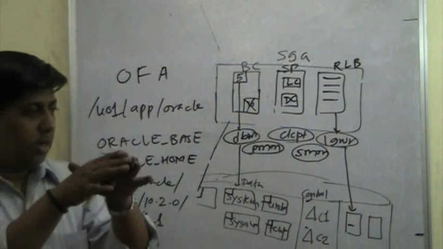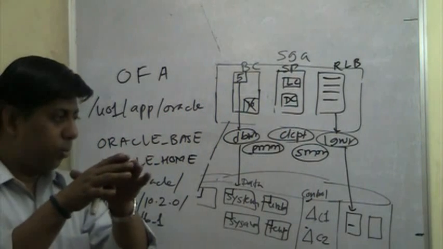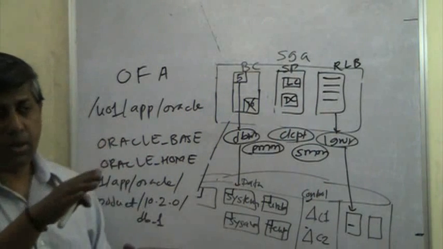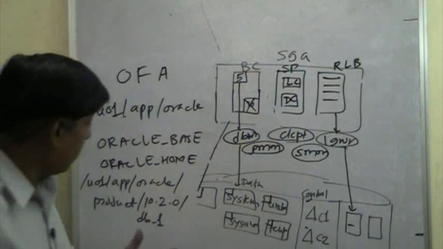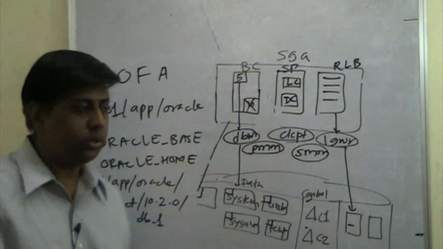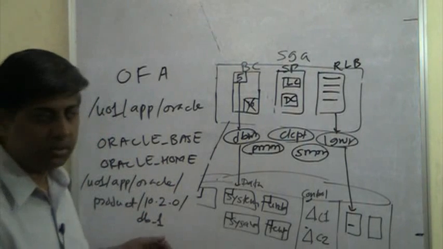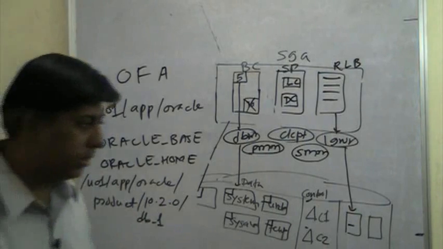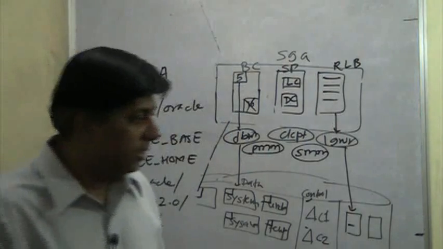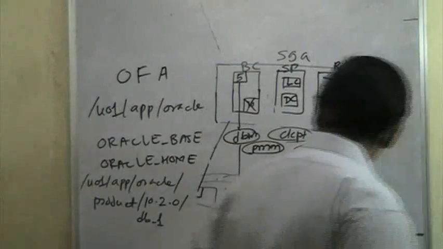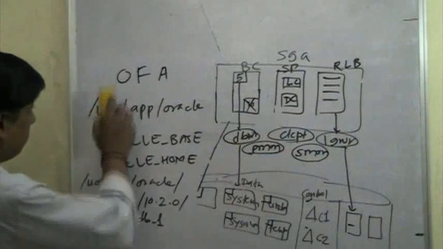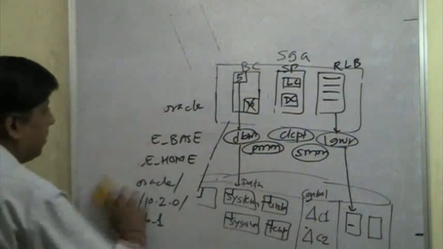So you will have Oracle 10G release 2 patch, or Oracle 10G release 2 without the patch, and then you can test just by changing the Oracle Home there. So that's why they have recommended DB_1 there. So optimal flexible architecture.